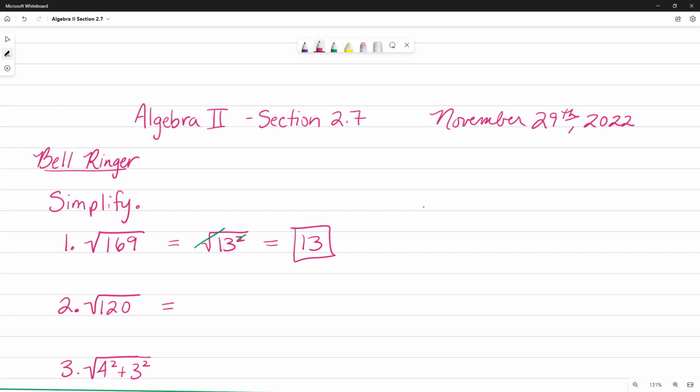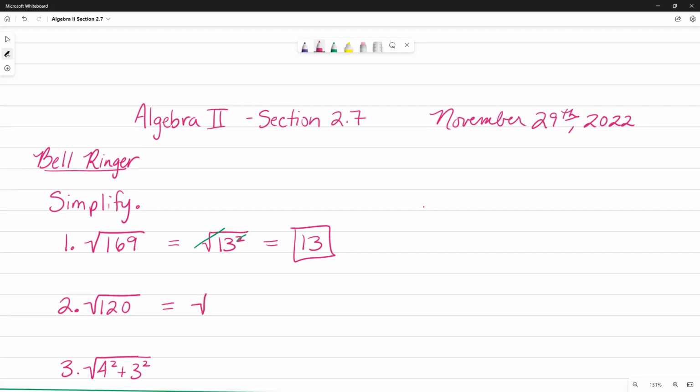What else do we have? So then we have 9. Well, 9 does not go into 120 because 1 plus 2 is 3 and 9 doesn't go into 3. Then the next one, 16. 16 is not going to go into it. So let's go with 4. I think that's probably our safe bet.